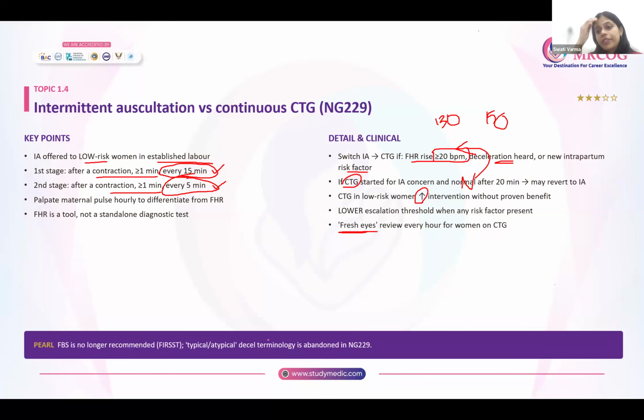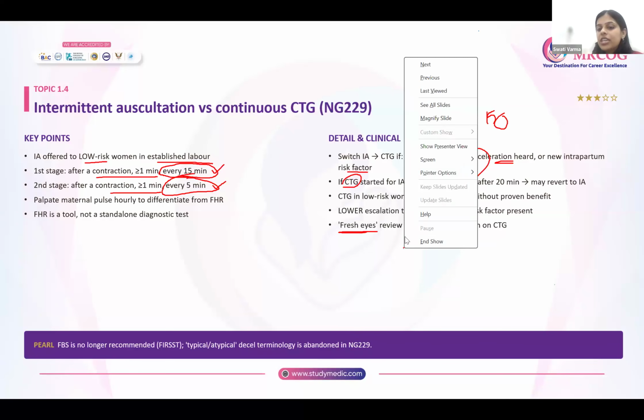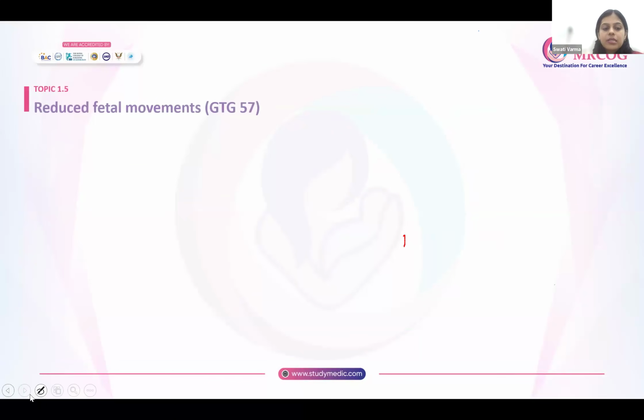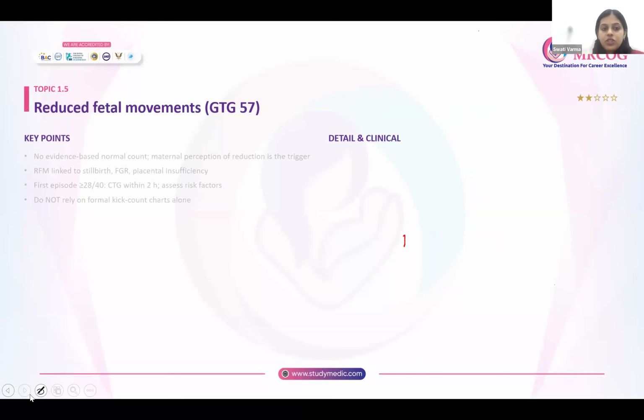Fresh eyes review means that not only the same person should be evaluating every time, because it has been found that some bias may happen. Hence, if there is any confusion or doubt, a fresh eyes review should be taken to avoid any bias. So that's mainly about intermittent auscultation versus continuous CTG.